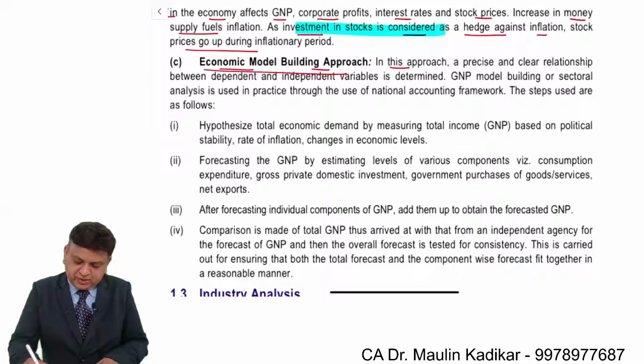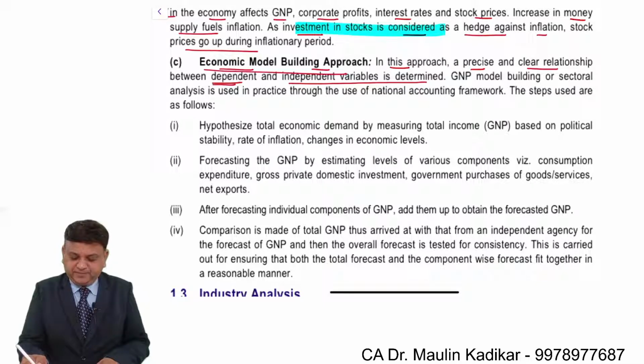In this approach, a precise and clear relationship between dependent and independent variables is determined. GNP model building or sectoral analysis is used in practice through the use of the National Accounting Framework.